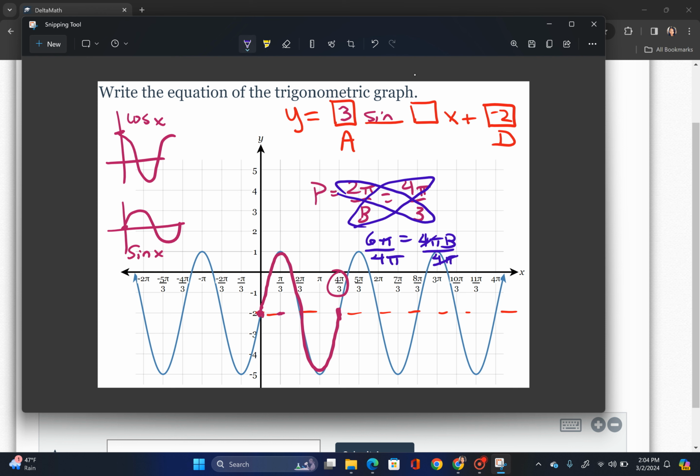So we have b is equal to, let me write this on the bottom, b is equal to, the pi's cancel here, 6 over 4, which is the same thing as 3 over 2. So our b is going to be 3 over 2. Okay, so final answer for this is going to be y equals 3 sine 3 halves x minus 2 is going to be our answer.